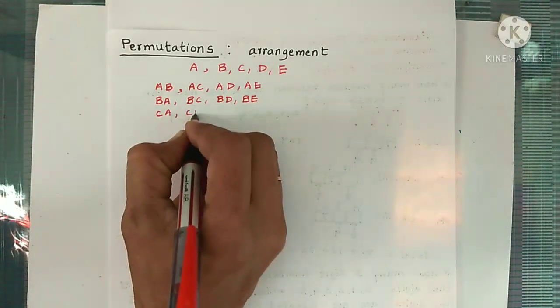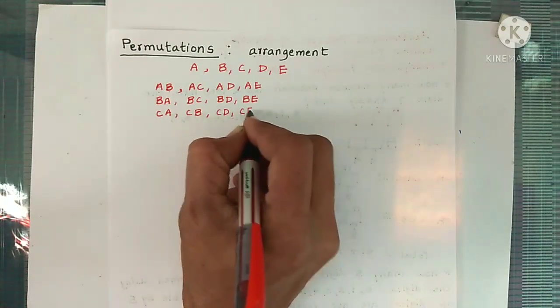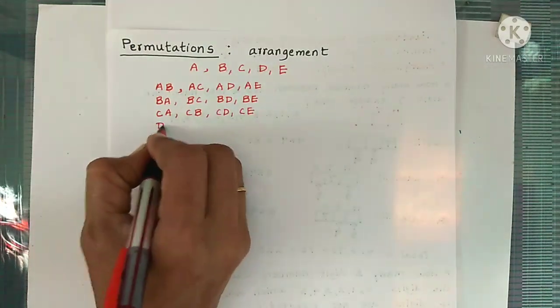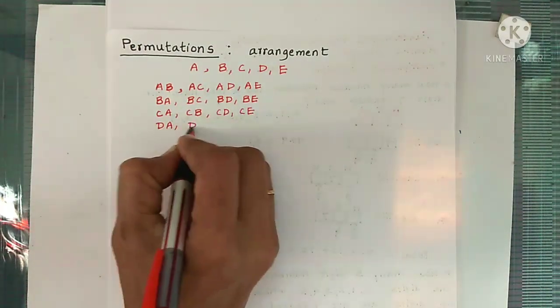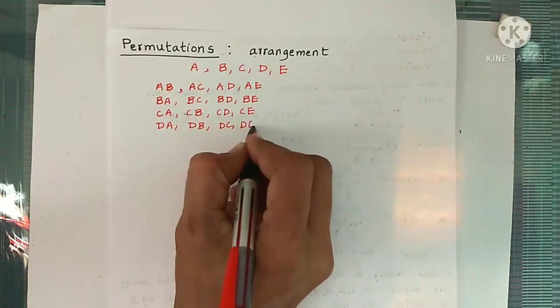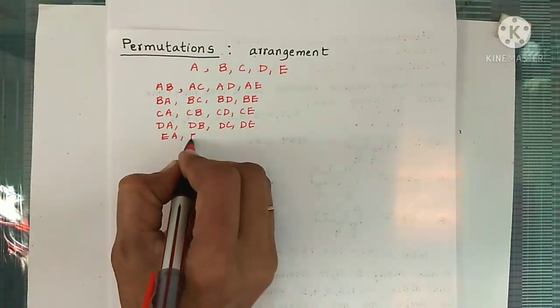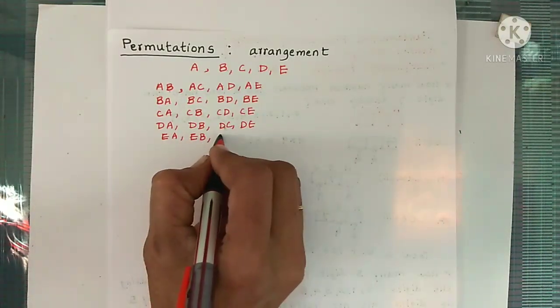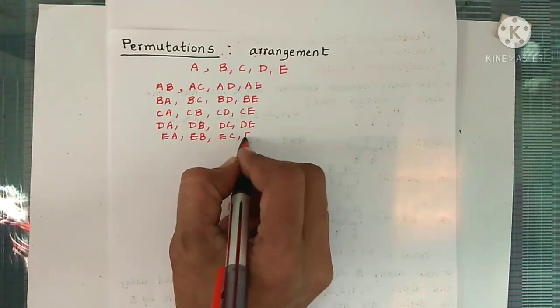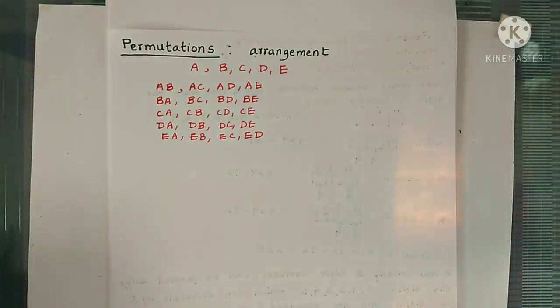So CA, CB, CD, CE. Similarly, we have DA, DB, DC, DE. Keeping E fixed, we have EA, EB, EC, ED.